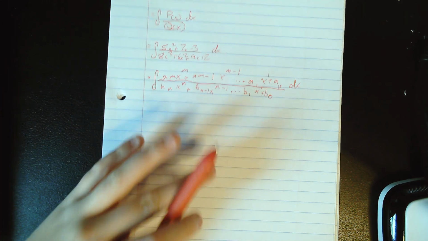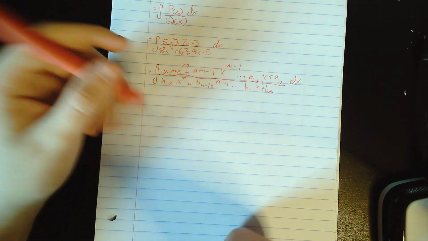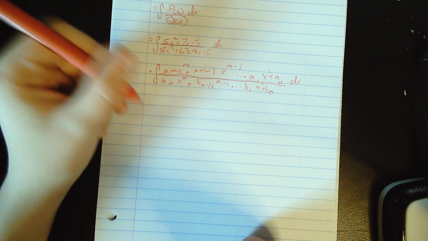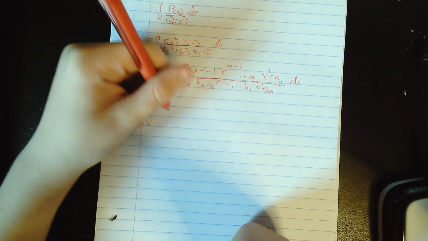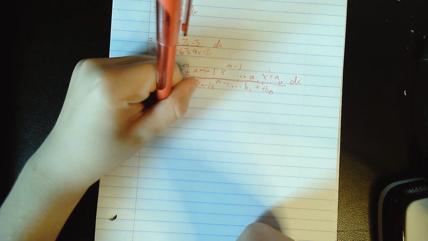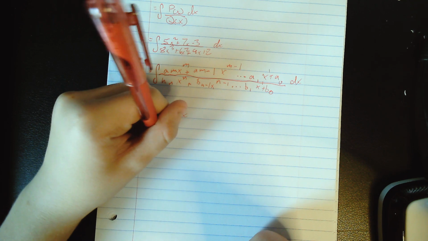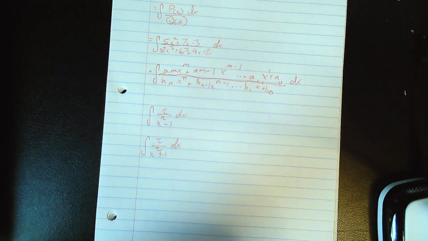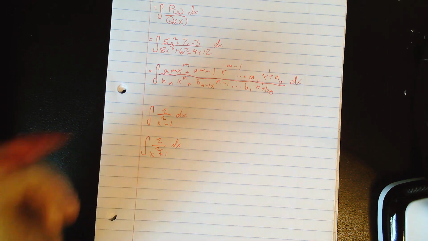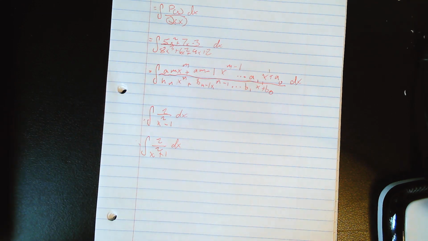Now I'm going to give you, I think, our final two problems of the video. I want you to consider the difference between the integral of 2 over x squared minus 1 dx and the integral of 2 over x squared plus 1 dx. Not much of a difference there, right? But can you find what's so difficult about this one and different about this one than this one?